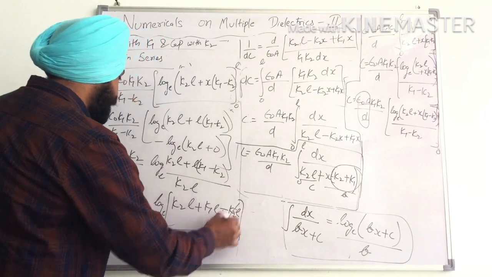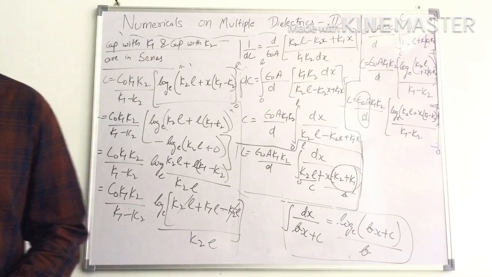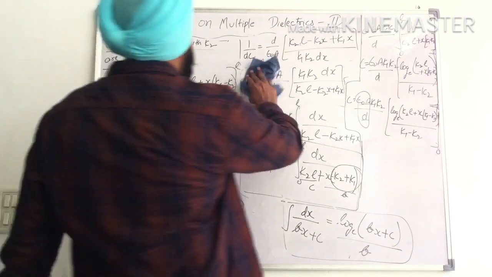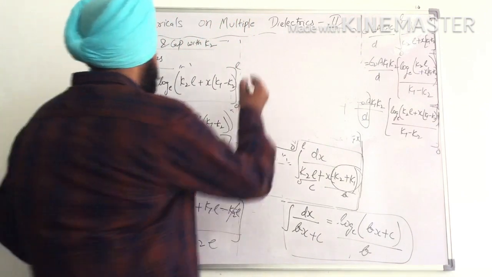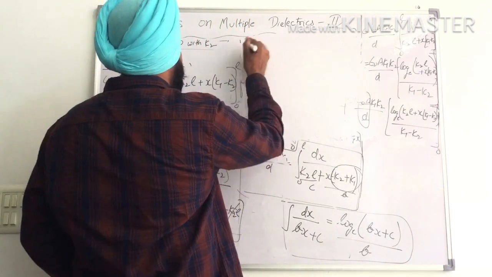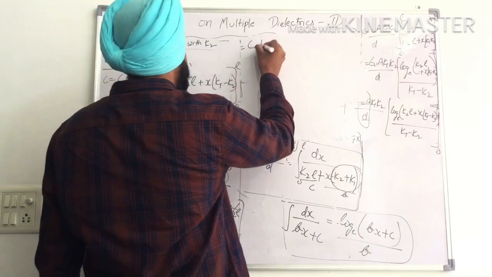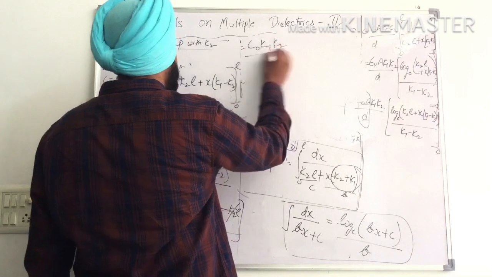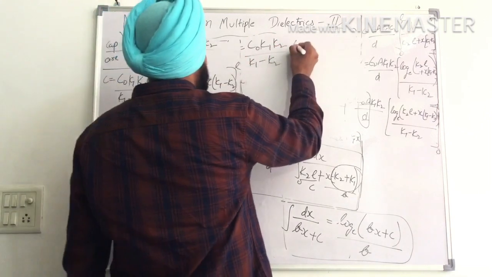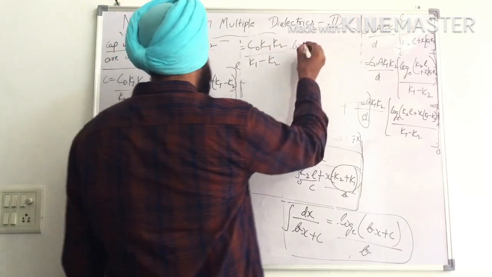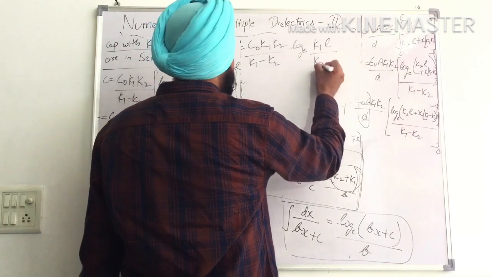Now this K2L and K2L will get cancelled and we will be left with C naught K1 K2 by K1 minus K2, log base e of K1L by K2L.